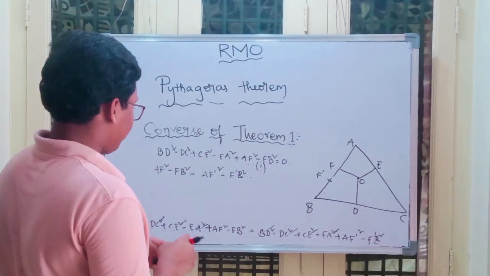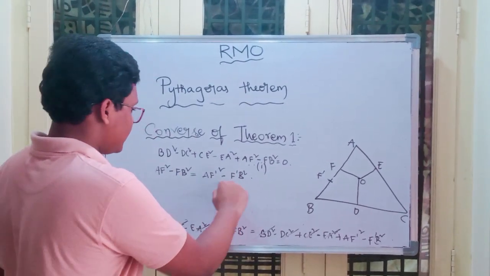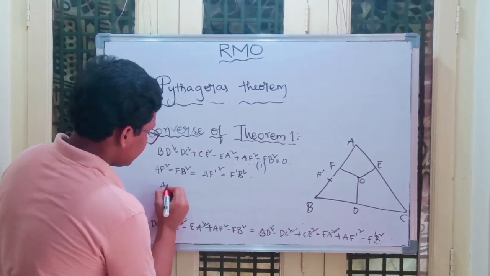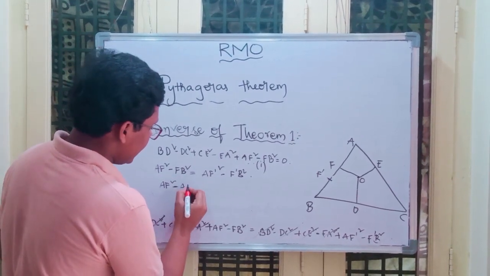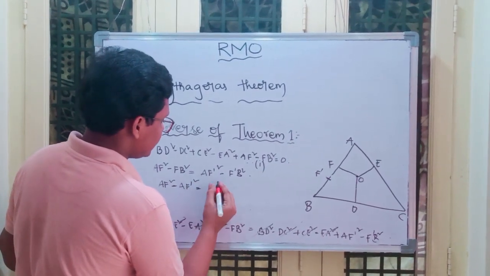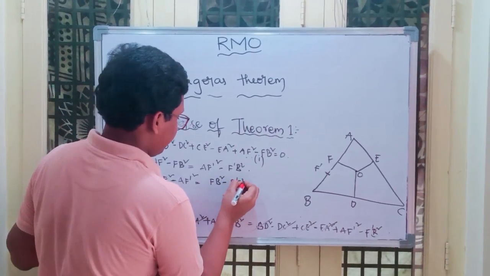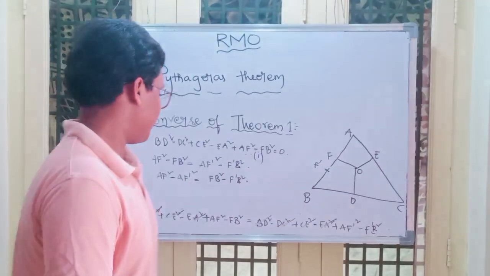Okay, from here we will transpose this to here and shift this to here. By transposing those, AF square minus AF dash square is equals to FB square minus F dash B square. Okay, it's clear up to here.